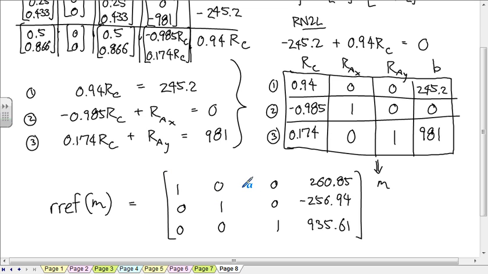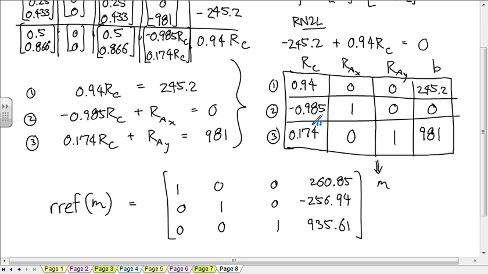It obviously takes longer. It's a lot easier to use substitution for just these rigid body problems. But as the class goes on, we're going to have bigger and bigger systems of equations, and substitution ends up being pretty much impossible. And you're going to end up wanting to use this matrix method to solve these problems.